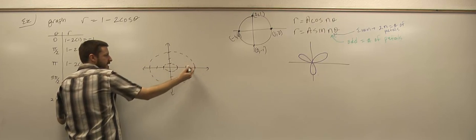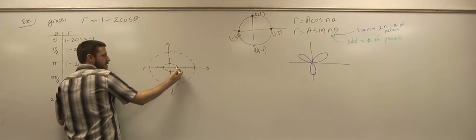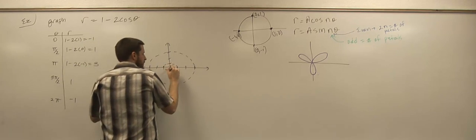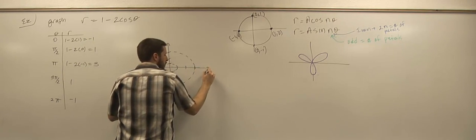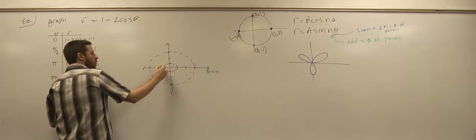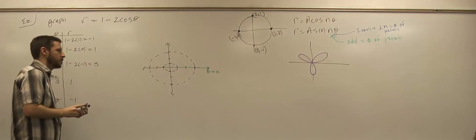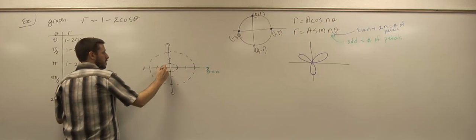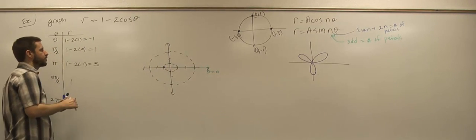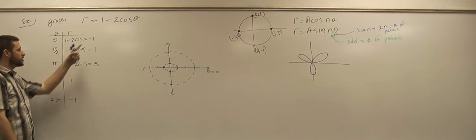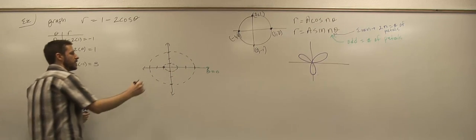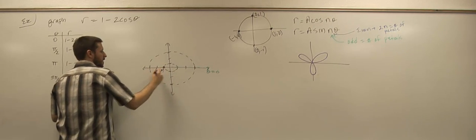But because the radius is negative 1, what happens? Negative radius flips you backward. That makes sense? So that's your first point: negative 1 radius at 0 theta.